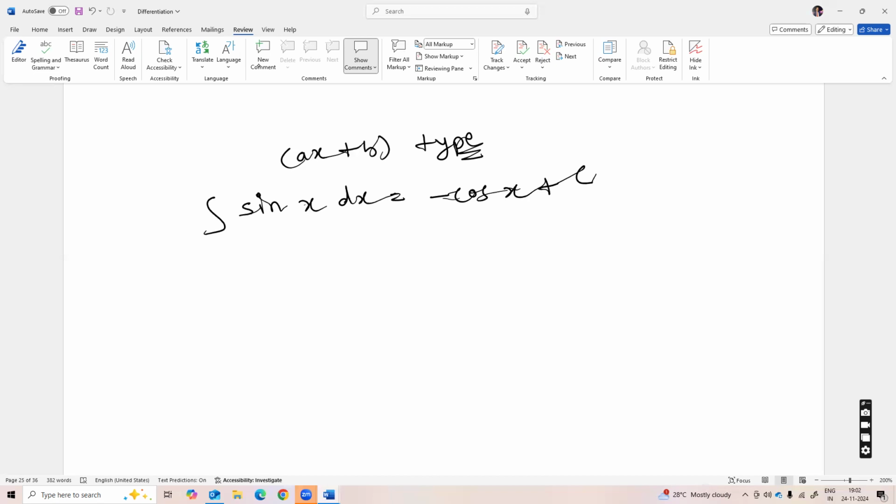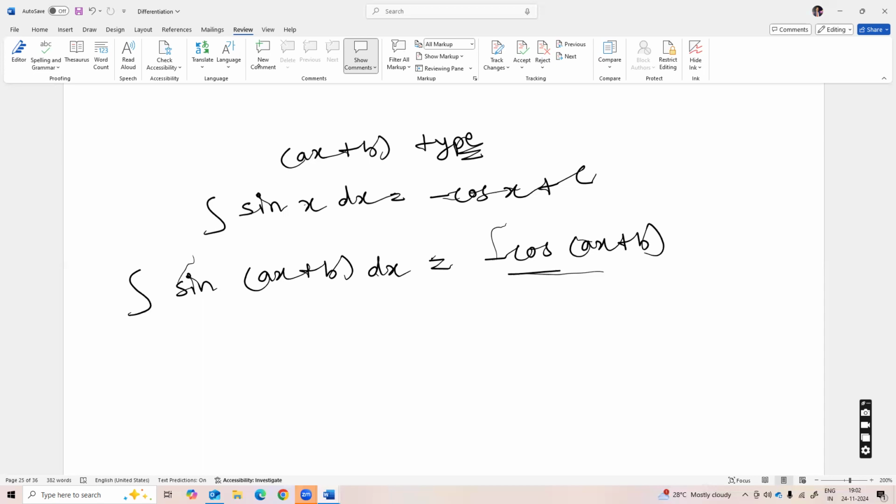So if you have to write down the integration of sine ax plus b dx, then its answer will be minus cos ax plus b divided by a plus c. The only change is, since here x is multiplied by a, below the cos ax plus b term we have divided it by a.